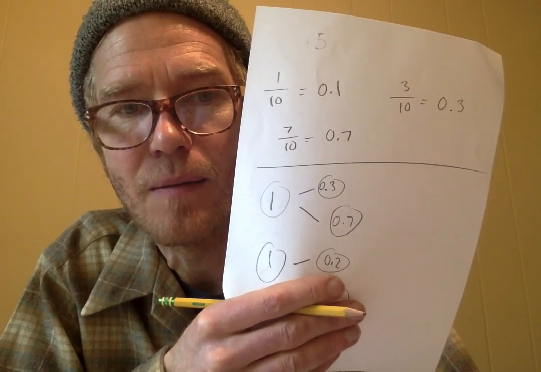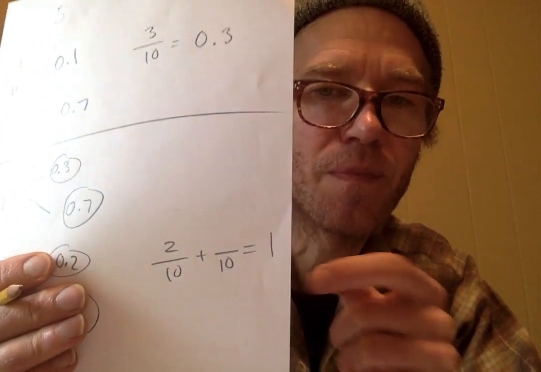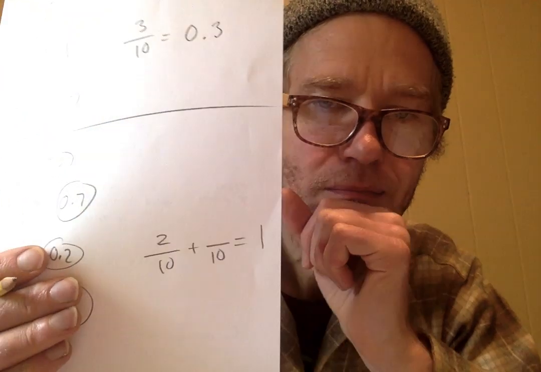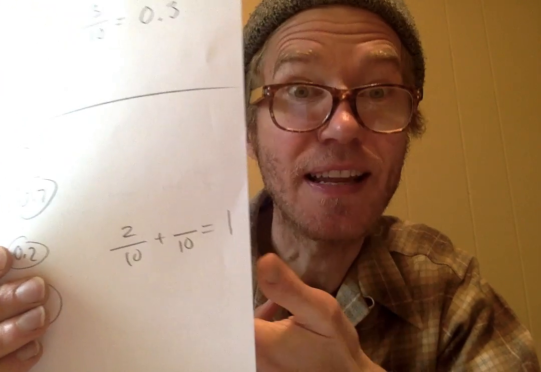What if we looked at it like this? 2/10 plus how many tenths is 1? Well, you're going to have to think of the 1 as 10/10. So maybe I'll write it like that because it's a little easier to understand.